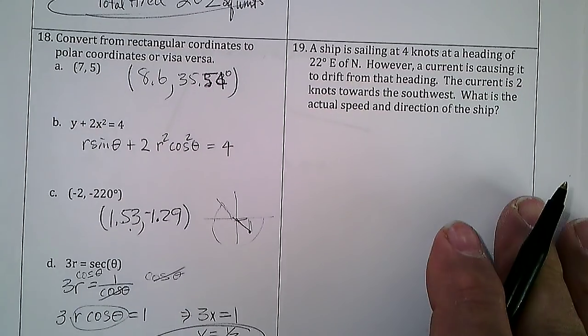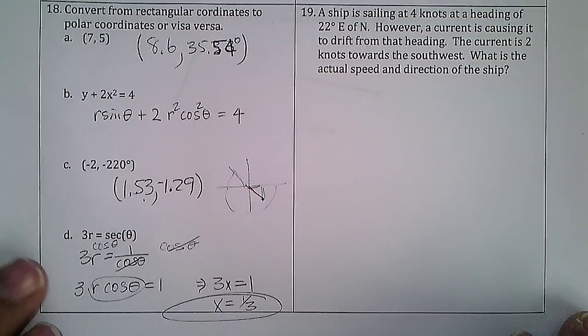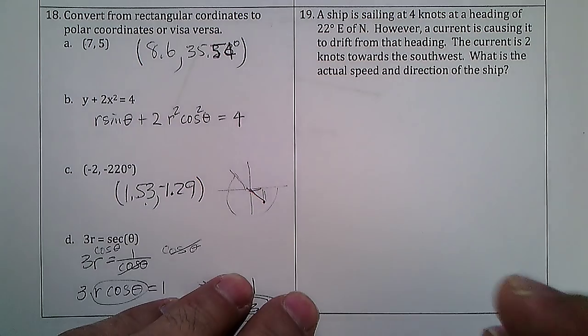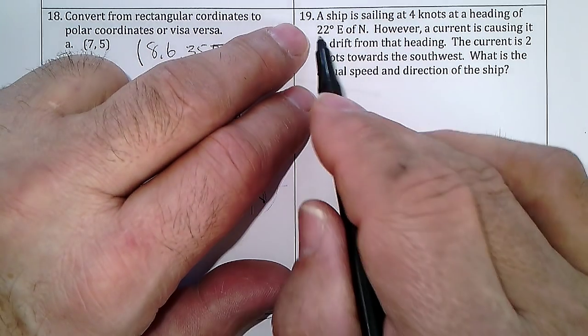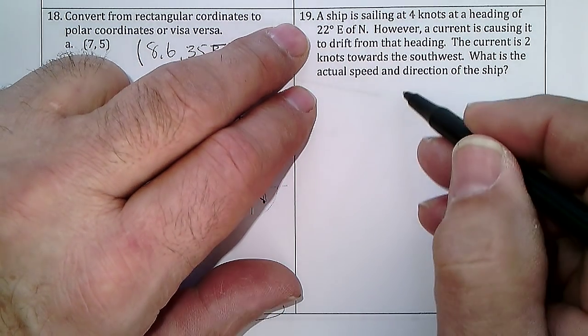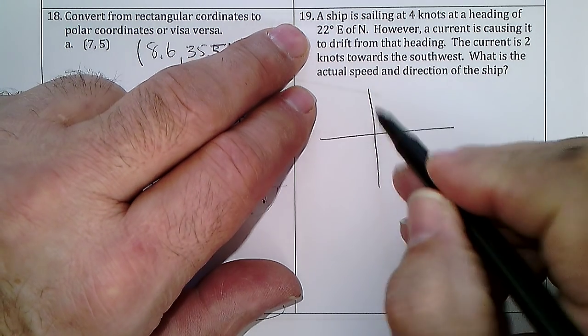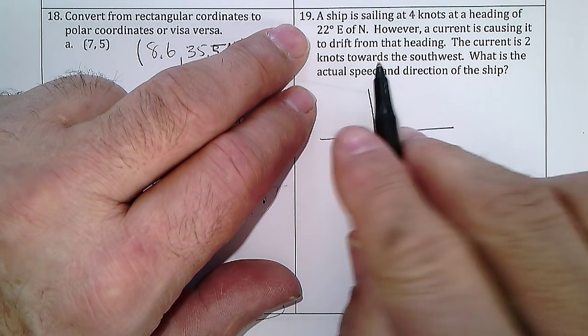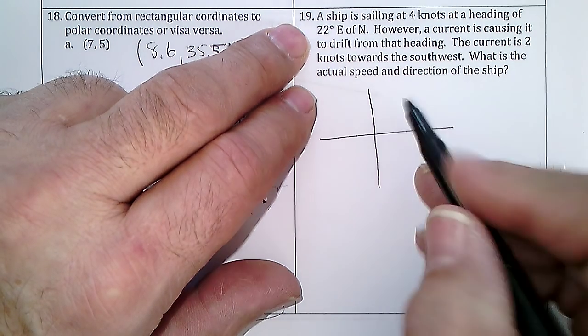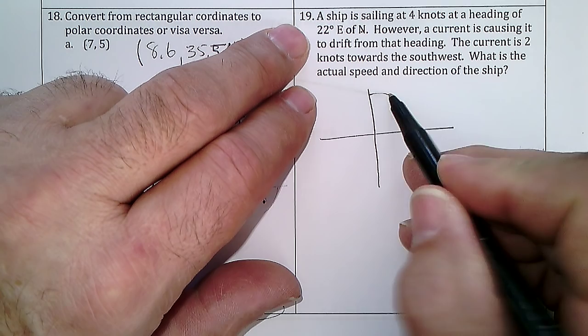Okay, now we have a ship is sailing 4 knots at a heading 22 east of north. North is the reference, east of it by 22 degrees.